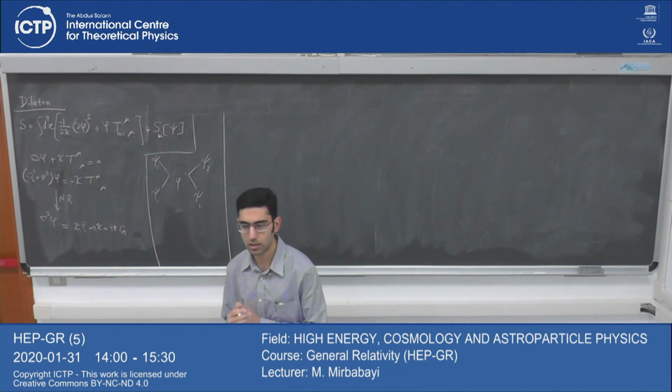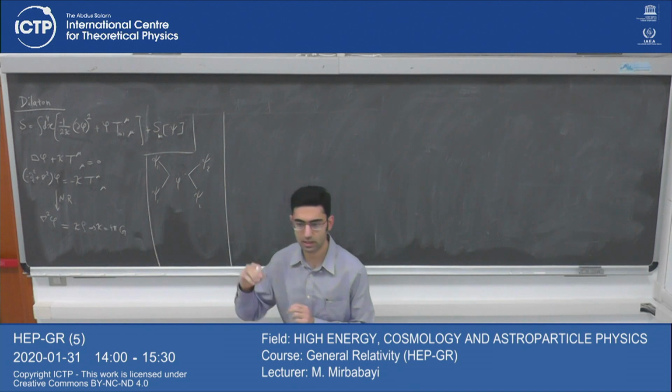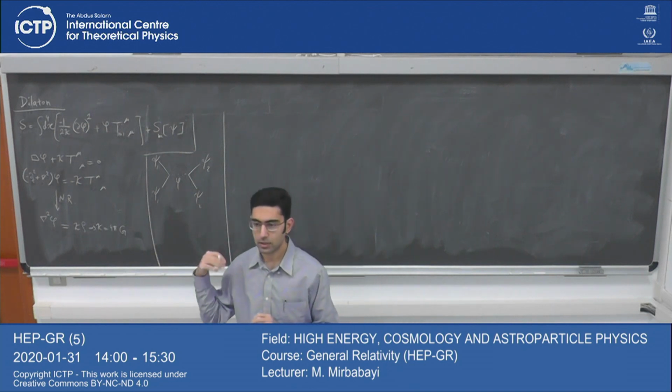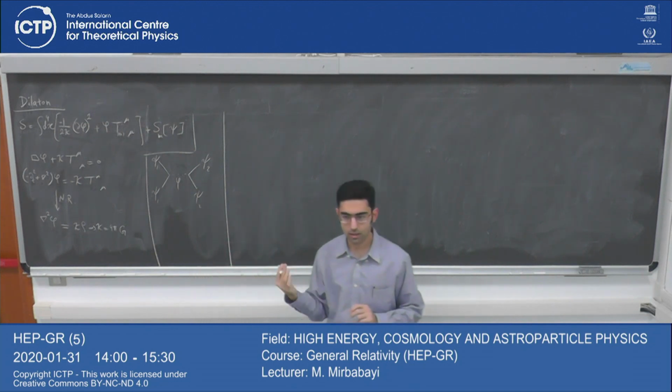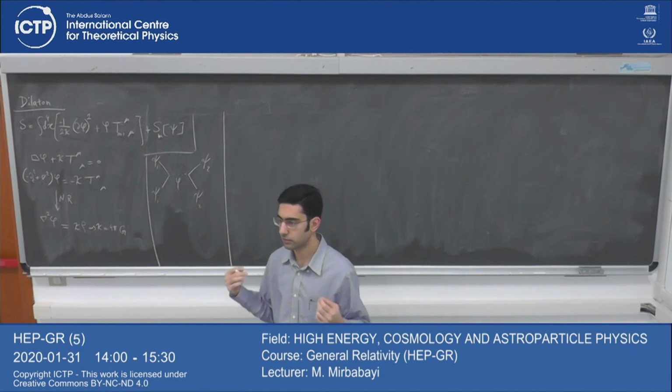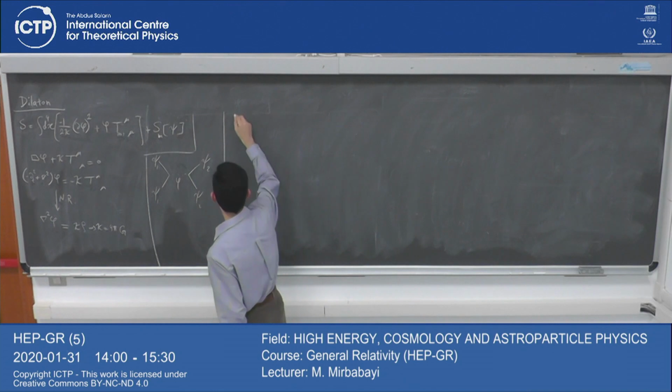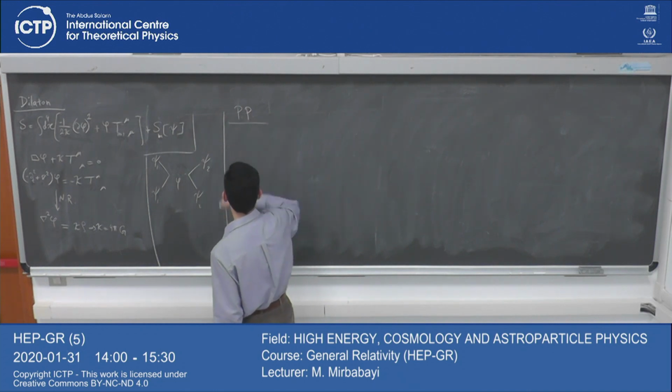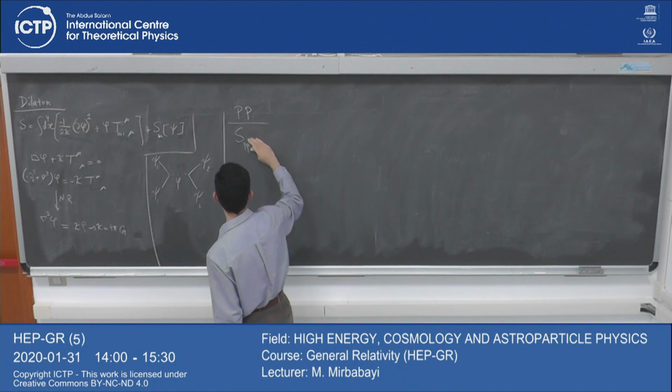So remember we talked about the point particle that moves in the electromagnetic field, and how the effect of coupling to the electromagnetic field can be included in the action. So we said that we have a point particle action for a couple of fields.